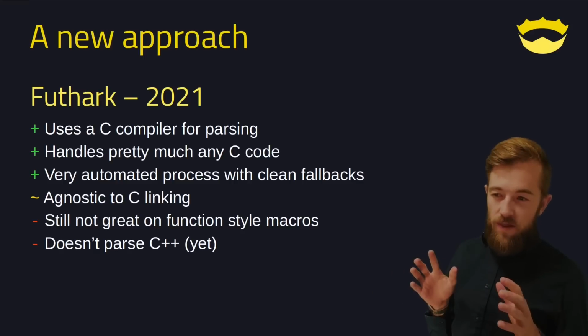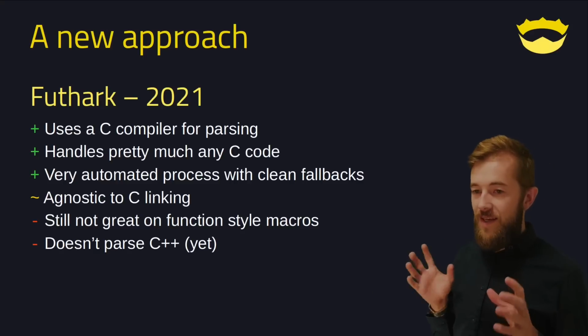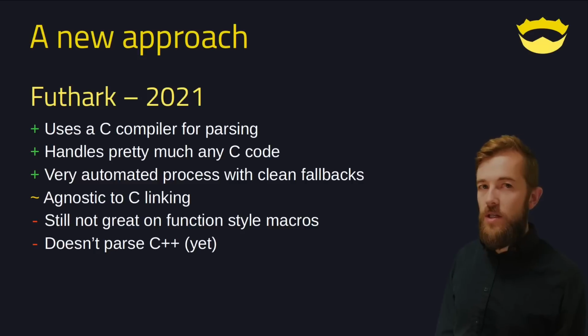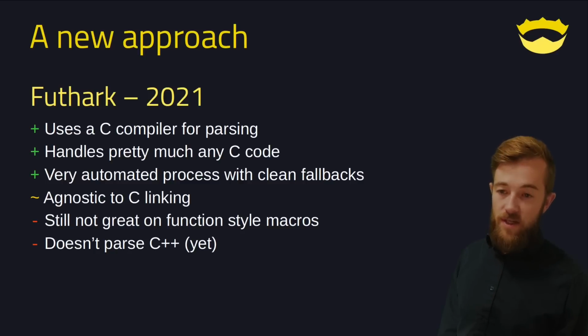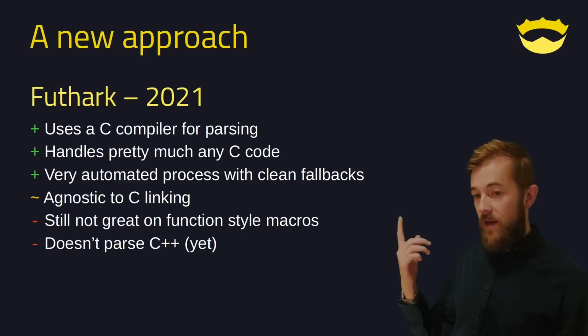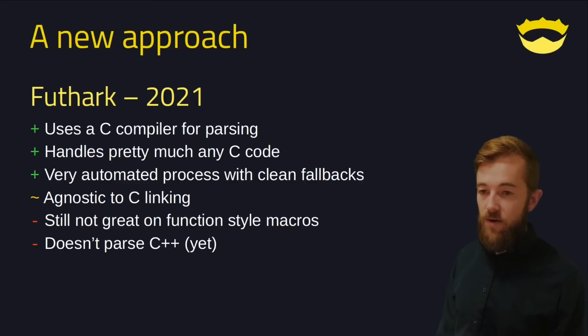As an in-between thing, it's agnostic to C linking. So it doesn't care how you do the compile of the C code. In the example from the manual, we had the compile this C file and link it. And Futhark doesn't really know anything about how you plan on building this into a C project.